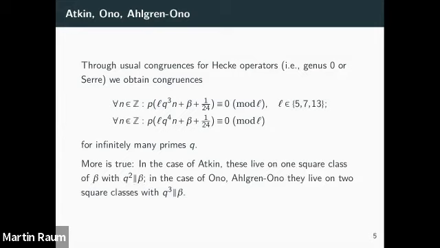And one thing that is even stronger is that the congruences by Ken and Scott and Ken live on square classes, meaning that actually they are not really congruences on square classes. They are concerned with the exact divisibility, in this case, by the third power of Q.